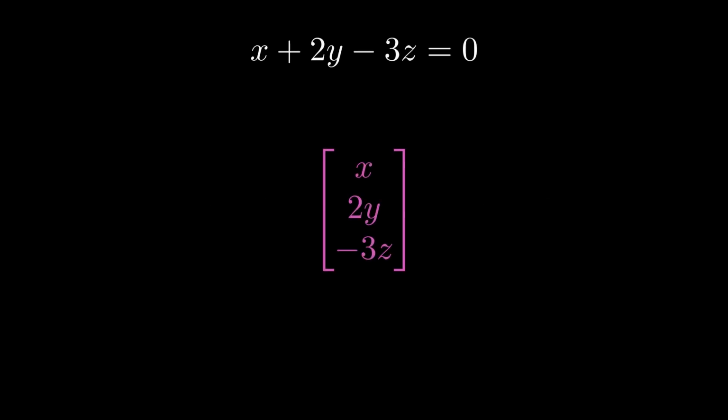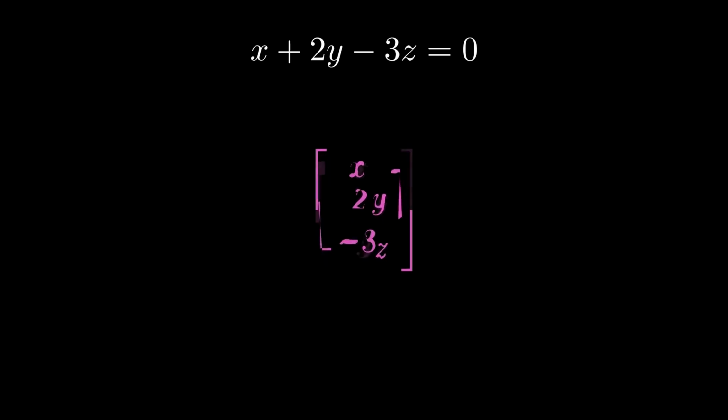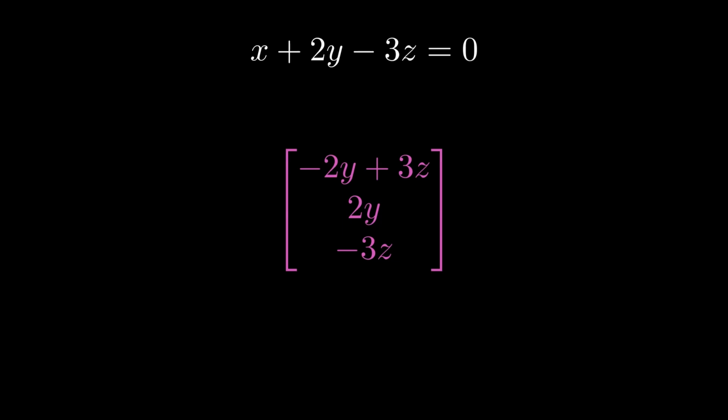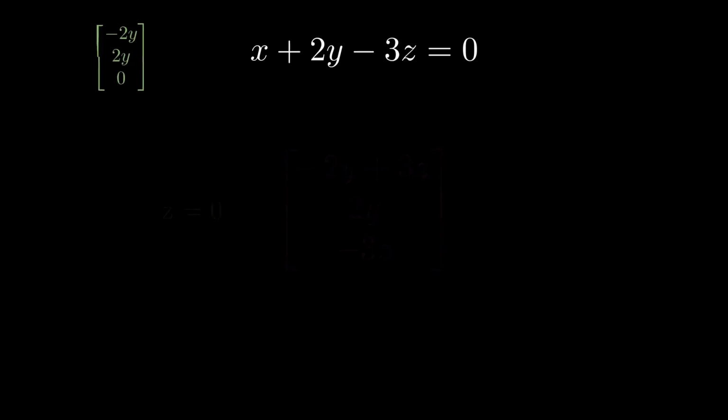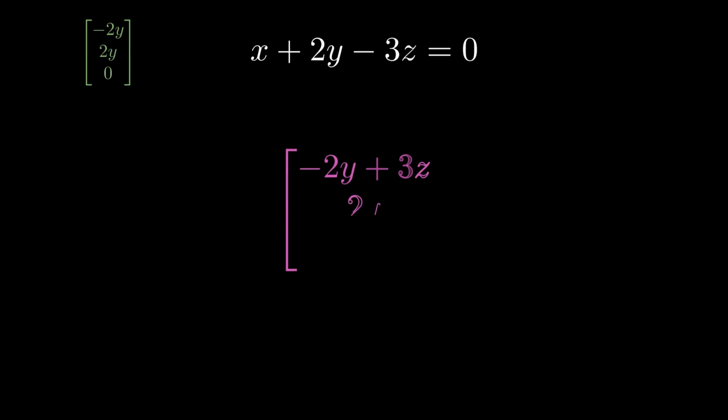We can write this as (x, y, z). But hey, if you look closely, we can write x as 3z minus 2y. So now I'll put y as it is and z as 0. This gives me minus 2y, y, 0. Now I'll put y as 0.